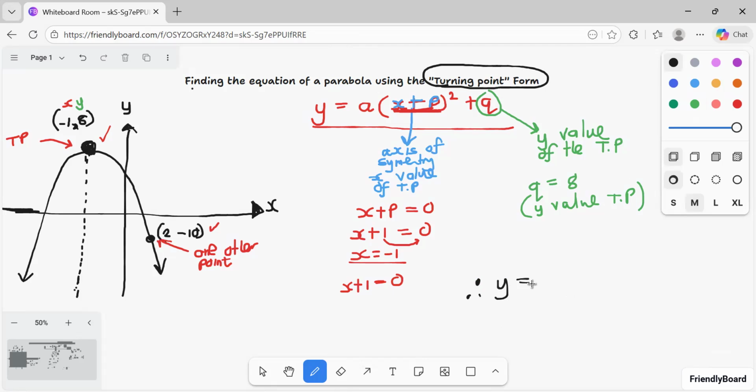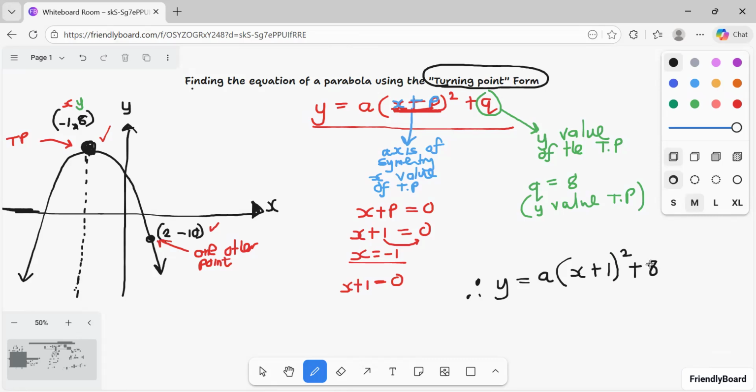So y is equal to a, open brackets, x plus 1, so I know that my p is positive 1, like I explained, squared, plus my q, which is 8.